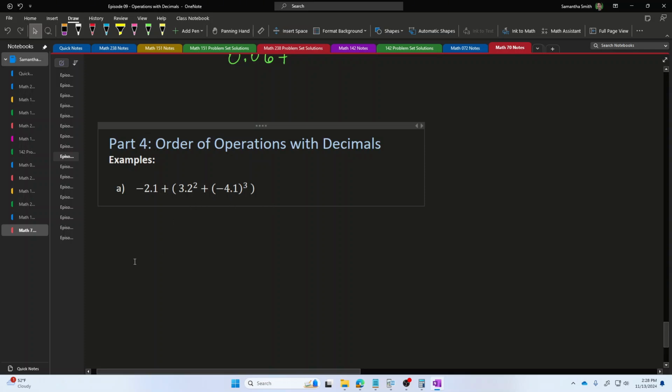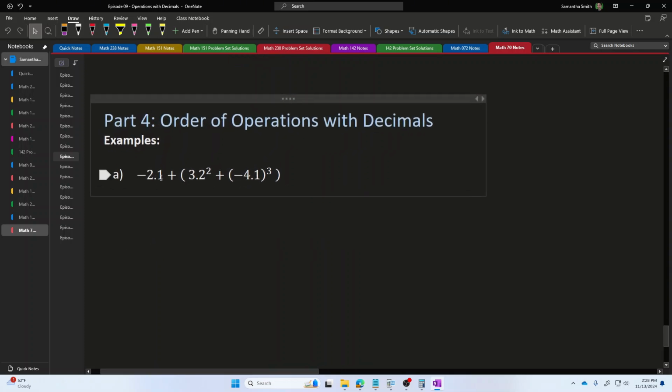So if someone asked me to calculate negative 2.1 plus parentheses 3.2 squared plus negative 4.1 cubed, the first thing that I would do here, following PEMDAS, is I would complete these operations in the parentheses. And in the parentheses, I have two exponents to calculate, and then after that, I have an addition.